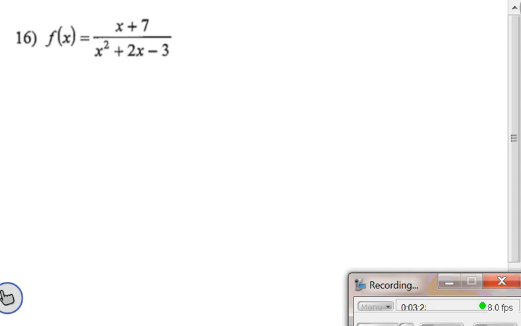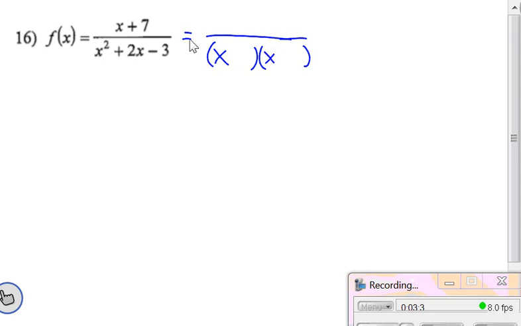Okay, continuity on 16. Well, I don't know. I probably should factor the bottom. Maybe it'll help tell me something. So factoring the bottom, you get x plus 3 and x minus 1, and x plus 7 on the top. So there's no common factors top and bottom. So if I plugged in -3, that would be bad. And if I plugged in 1, that would be bad.